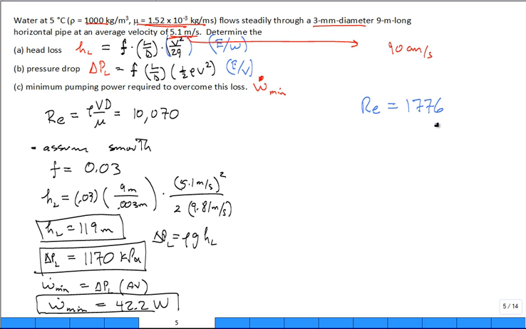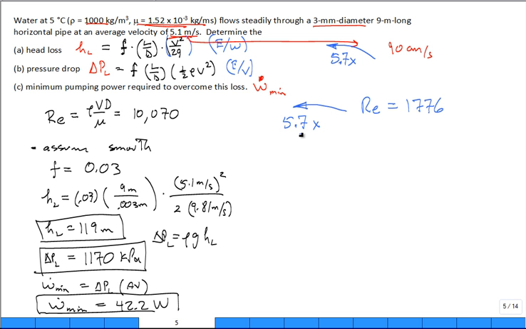Because the velocity is 5.7 times larger for this new case, almost 6 times larger, the Reynolds number is 5.7 times larger.